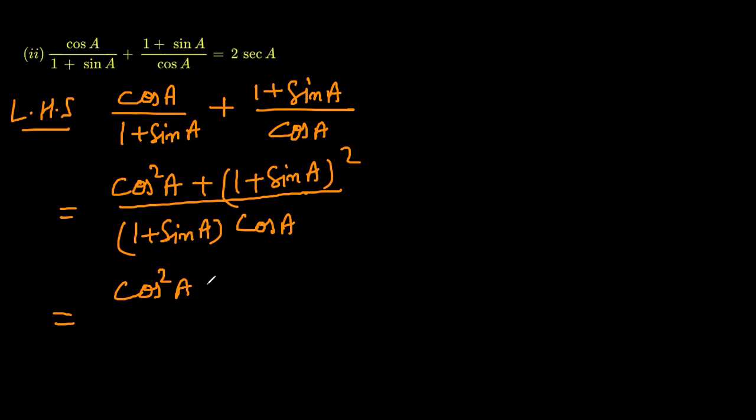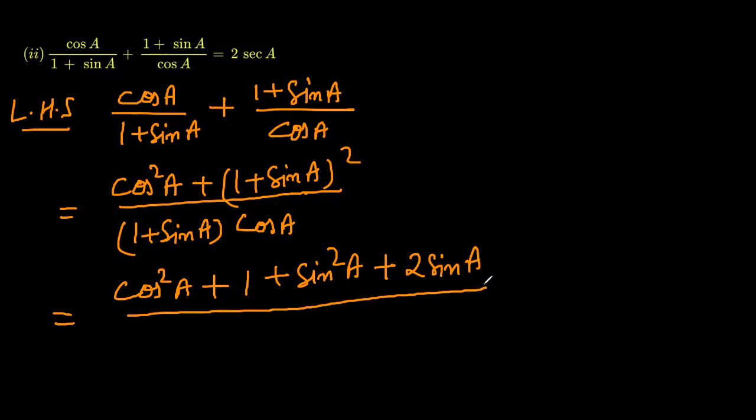A plus B whole square would be A squared, A is 1, and B squared, B is sine A, so sine square A, plus 2AB, 2 into 1 into sine A. So that is 2 sine A, divided by, in the denominator, 1 plus sine A as it is, and it has to be multiplied with cos A.